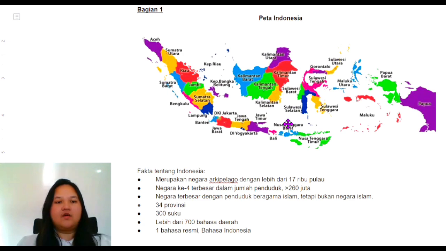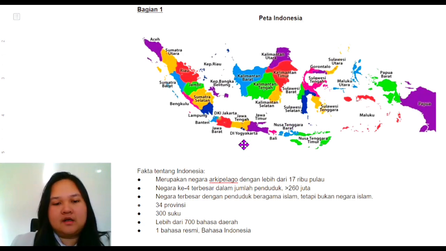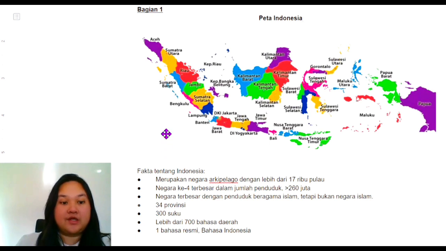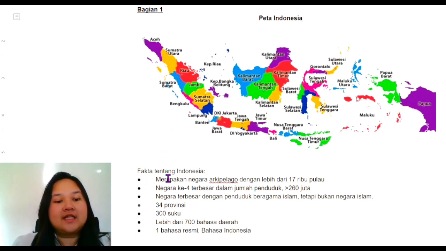Alright, so here I have some intermezzo and some little info about Indonesia. Ya, fakta tentang Indonesia. So fakta is also like English facts. So facts about Indonesia.